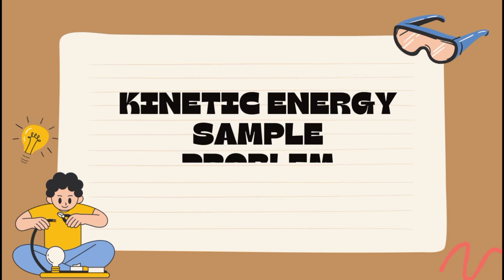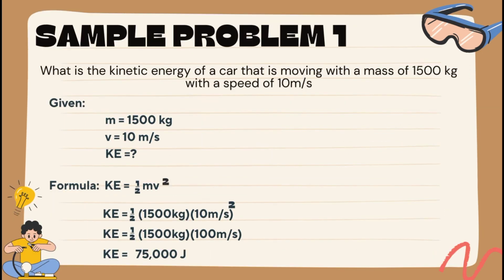Now that we have an idea about the formula for kinetic energy, let's try to apply it in a sample problem. Sample problem number 1: what is the kinetic energy of a car that is moving with a mass of 1,500 kg and a speed of 10 meters per second? Same as with the other topic that we already discussed, we will first get all the given values.